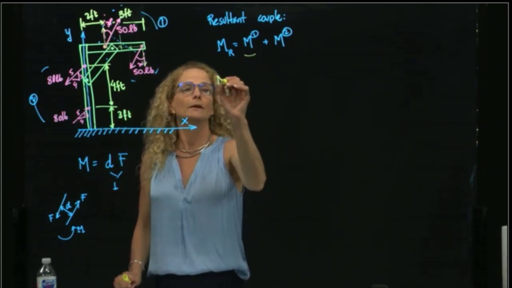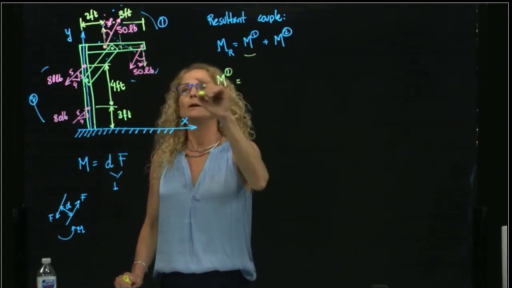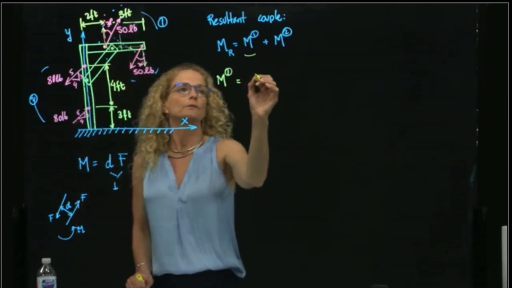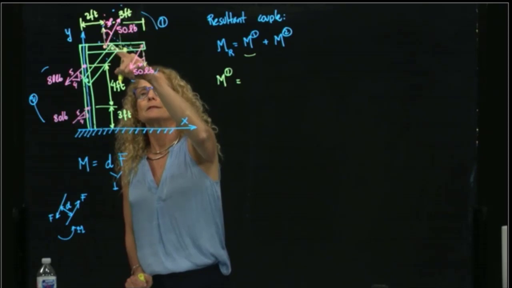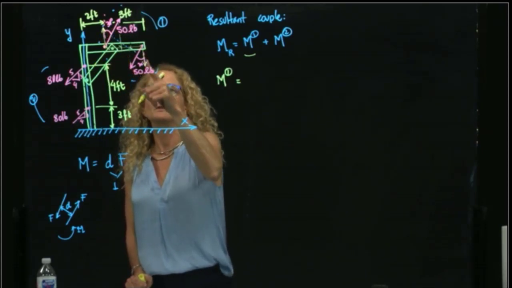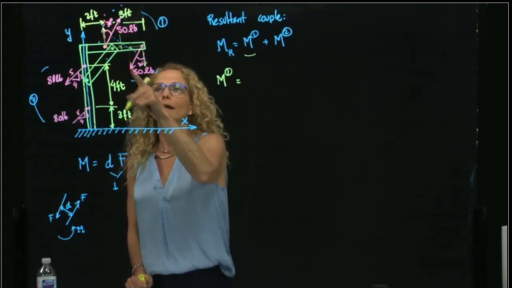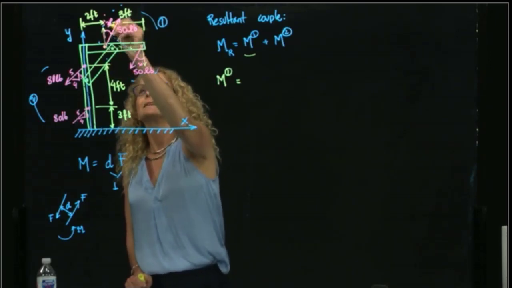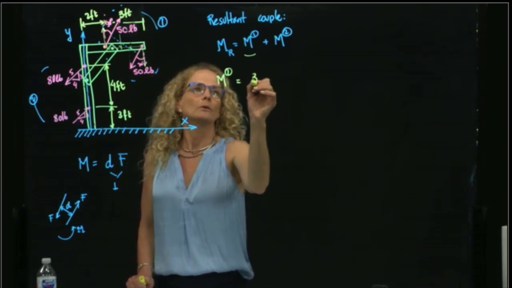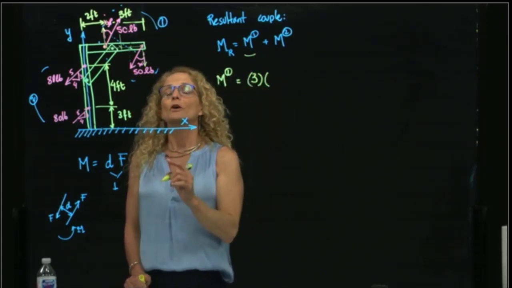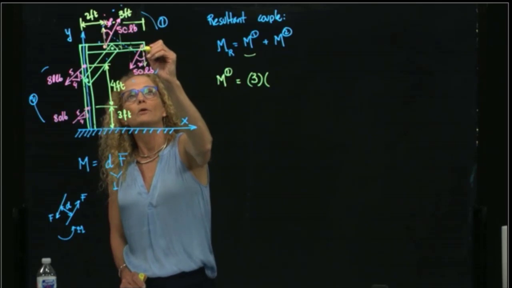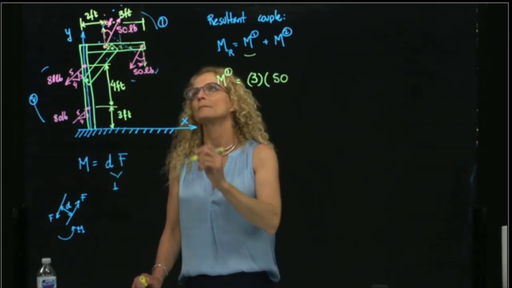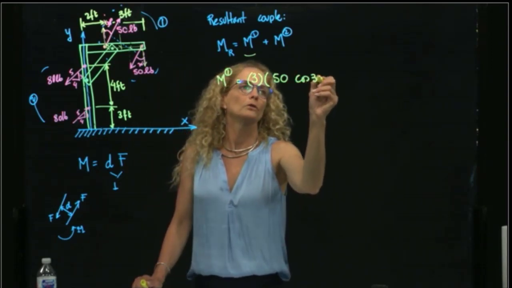Therefore, this moment over here will be equal to the magnitude, which is 50, times the cosine, which allows me to find the vertical direction, times the distance. So let me write the distance first, and this distance, as you see, is 3 feet. So that will be 3 times only the perpendicular component to that distance, which will be 50 cosine of 30.